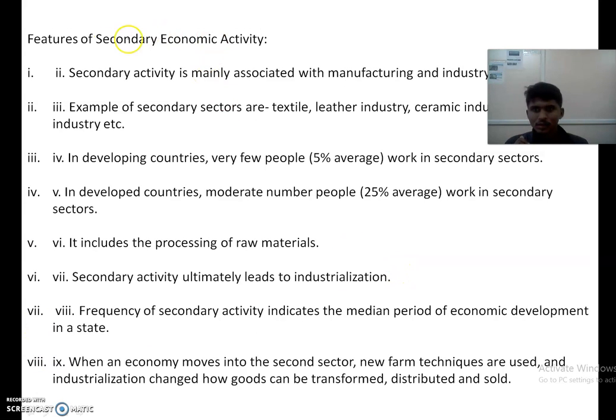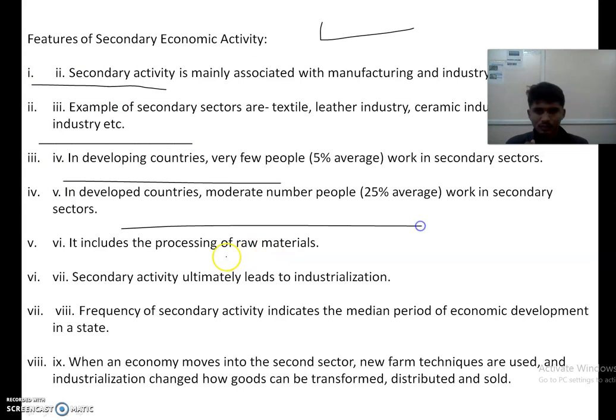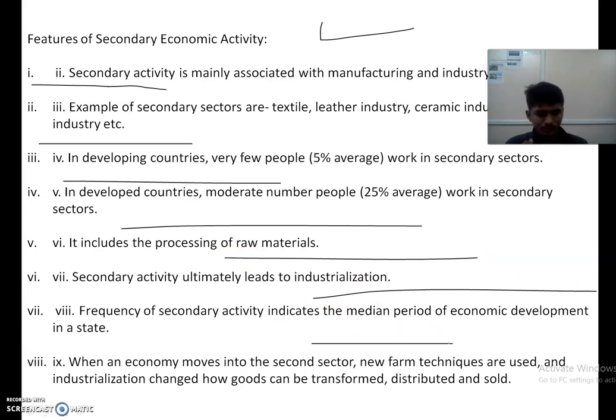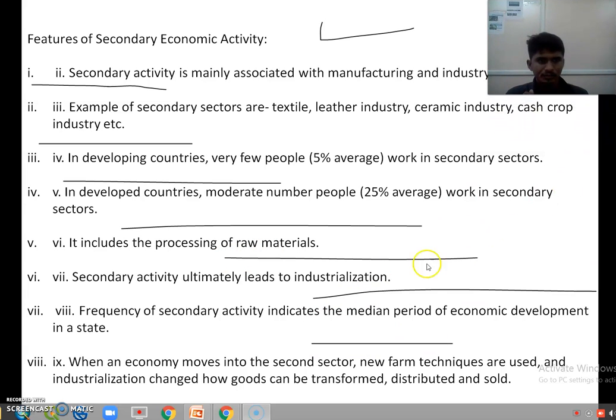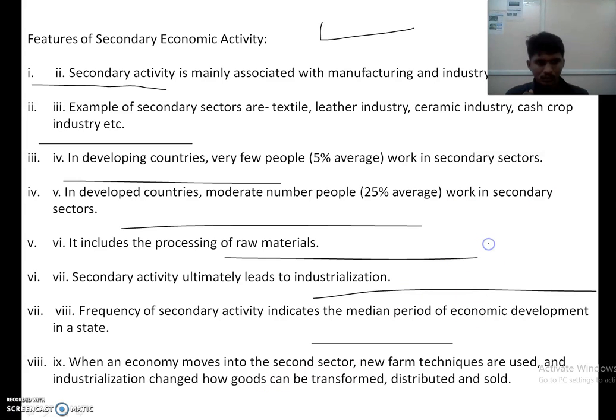Same as features of secondary activity, like six to I think eight features of secondary economic activity. So note this down, it will be useful for your university exam also.